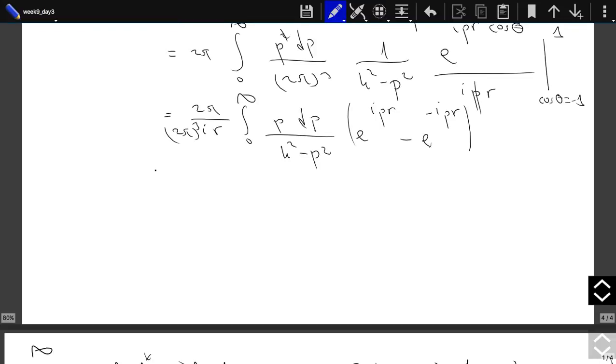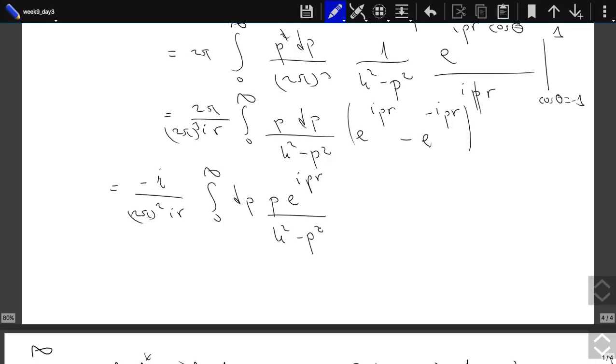Let me just split these two terms into two different integrals. Minus i over 2 pi squared times i times r, the integral from 0 to infinity dp p times e to the power i p r divided by k squared minus p squared, minus the integral from 0 to infinity dp p times e to the power minus i p r over k squared minus p squared.